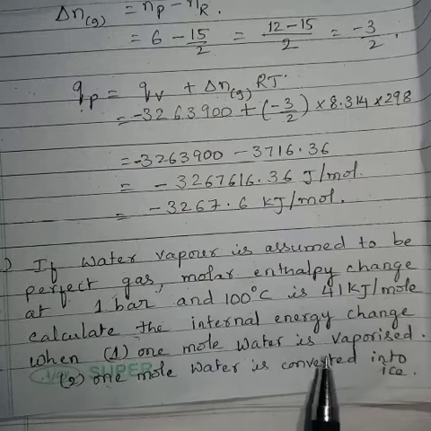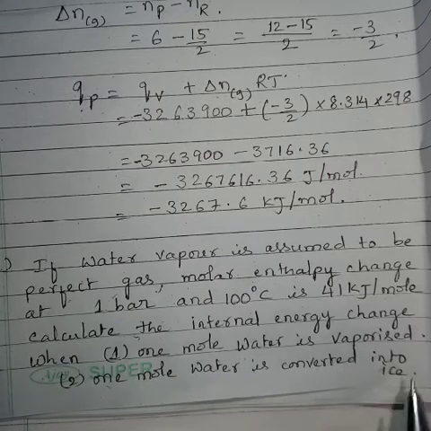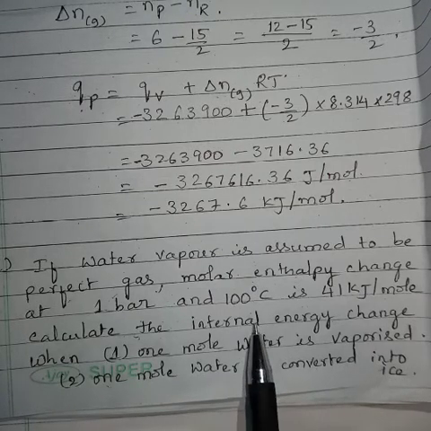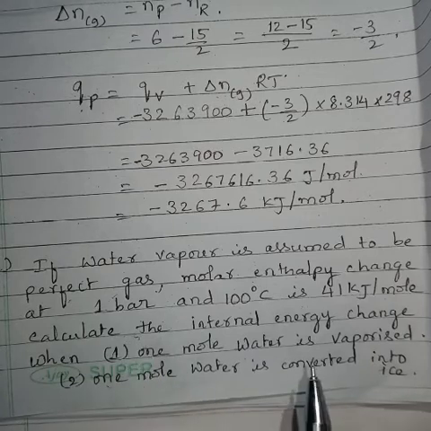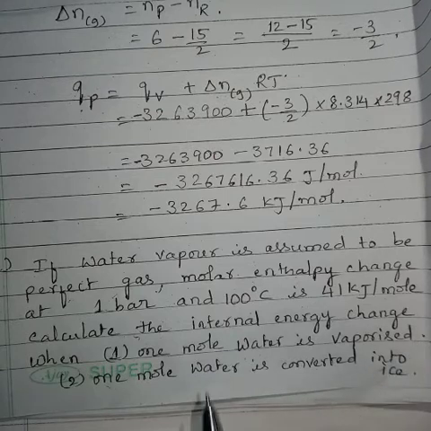Means whenever 1 mole of water is converted into water vapor at 100 degrees Celsius and 1 bar pressure, how much internal energy change is there, that we have to calculate. Second one, 1 mole of water is converted into ice at 0 degrees Celsius, that is at 273 Kelvin.